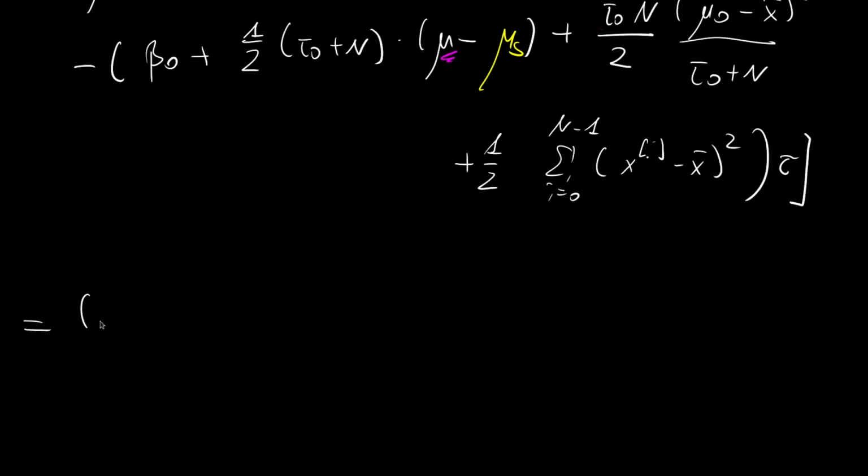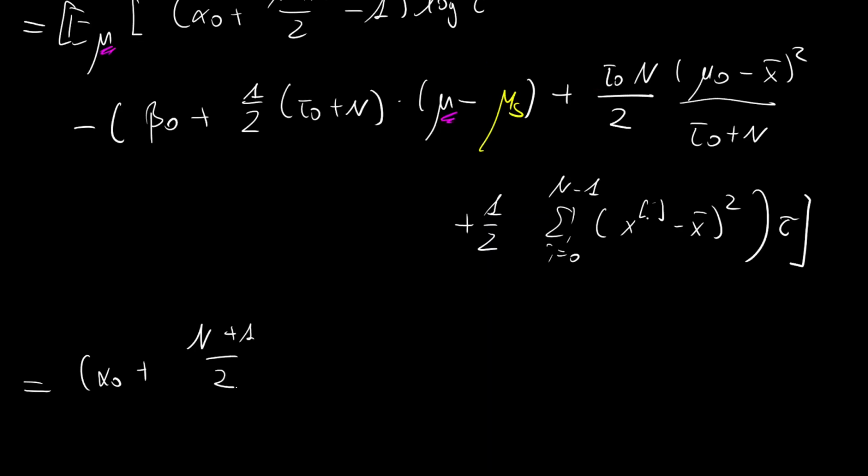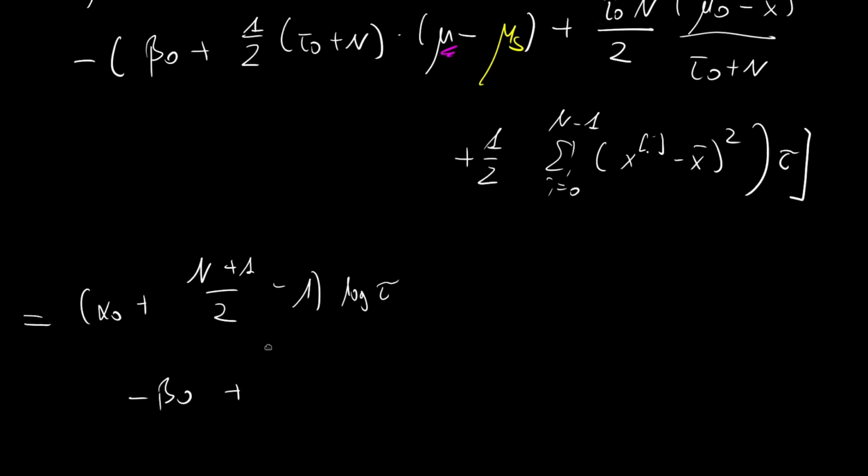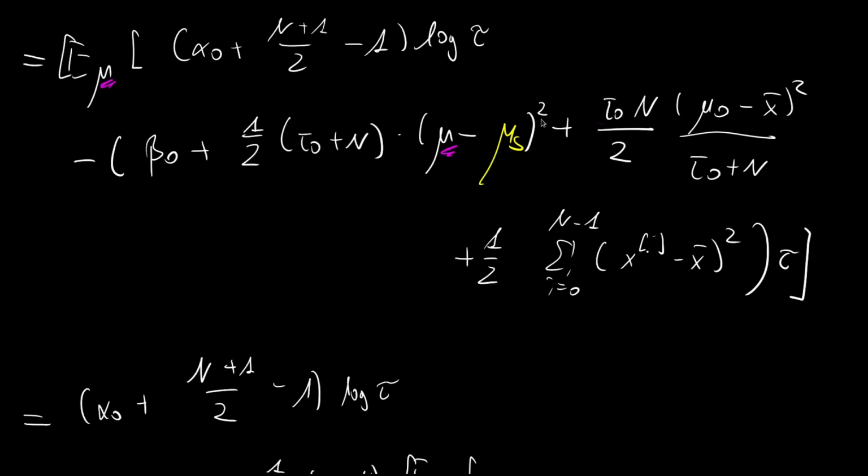So finally, we have alpha 0 plus n plus 1 over 2 minus 1 times the logarithm of tau, minus beta 0 plus 1/2 times tau 0 plus n times the expectation over mu of this one here. And I forgot the square.